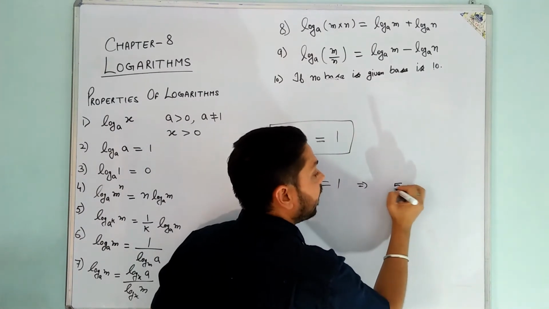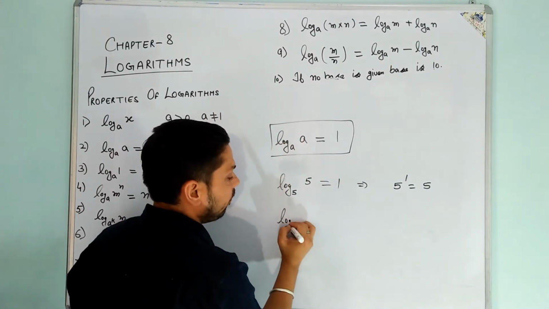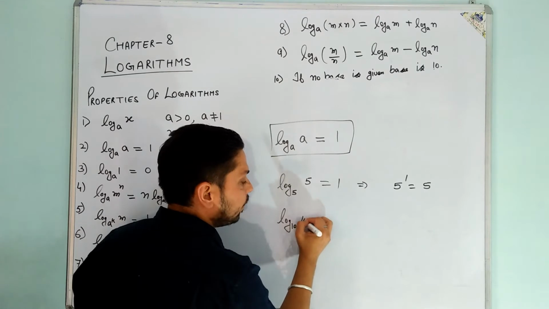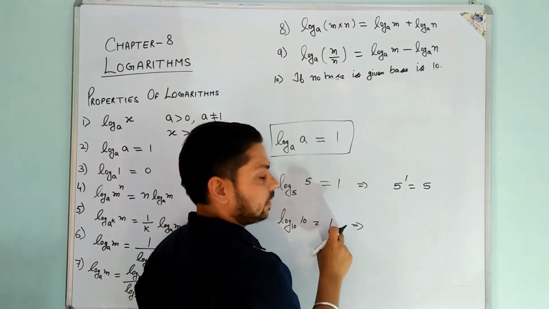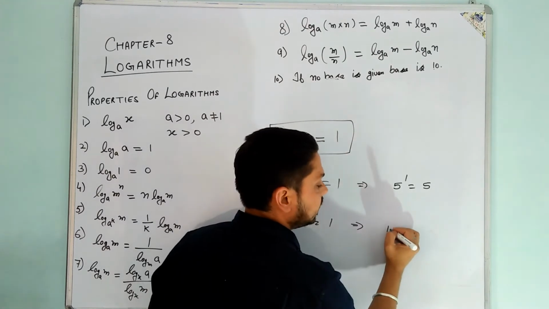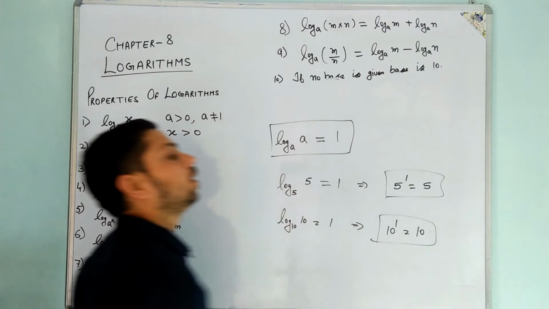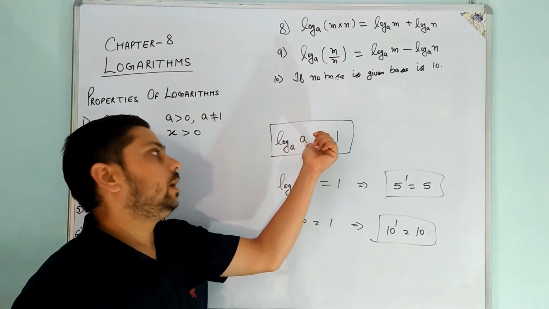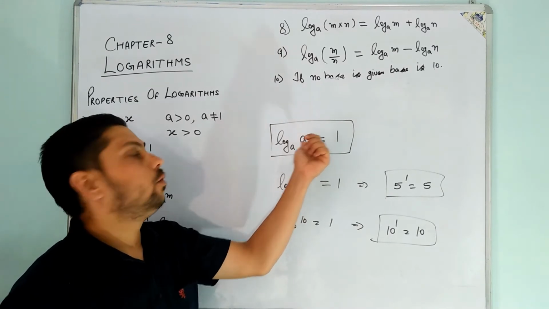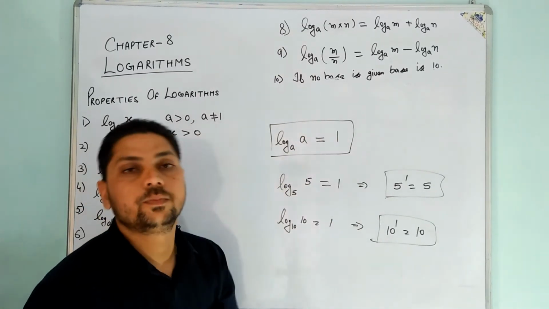Now take care, 5 raised to power 1 is equal to 5. Log of 10 with base 10 is equal to 1. How? This is base, this is power, and this is answer. That means 10 raised to power 1 is equal to 10, which is true. So log of any value with the same base is equal to 1.